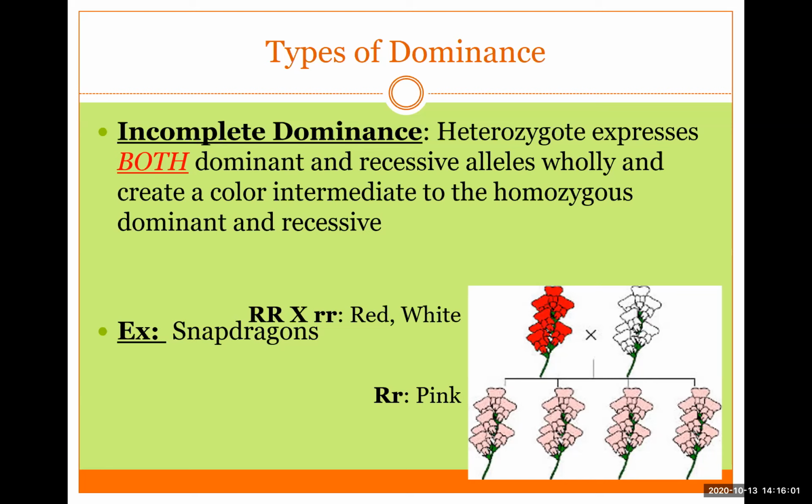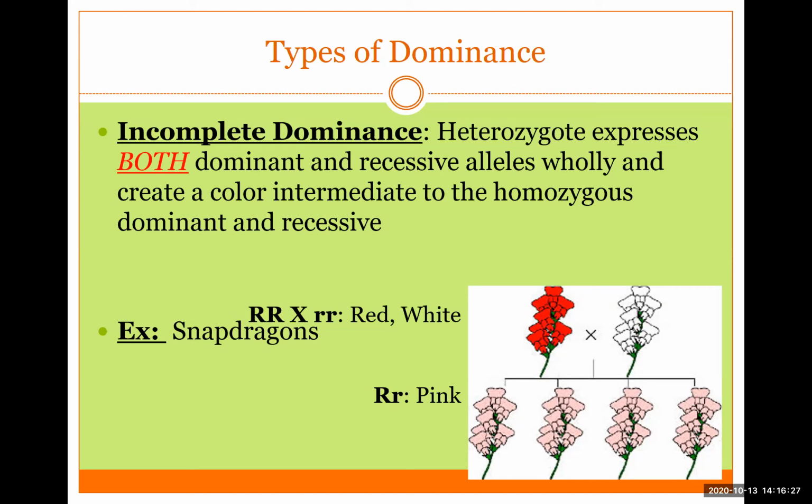They make a mixture between the dominant and the recessive trait. All right? The example that we use here is actually flowers, snapdragons. Those are some of my favorite flowers. And if you take a white flowered plant and you cross-pollinate it with a red flowered plant, you will get a pink plant.